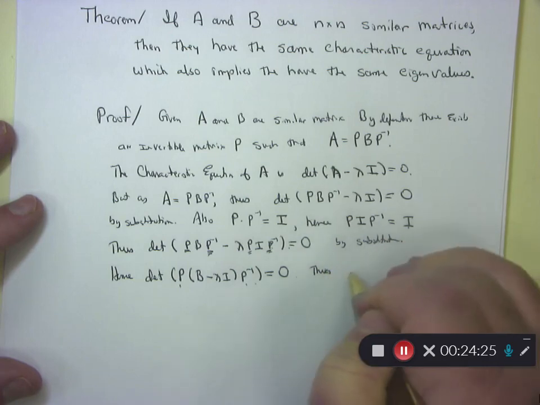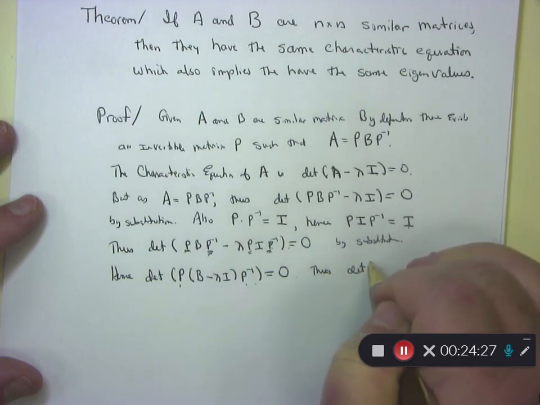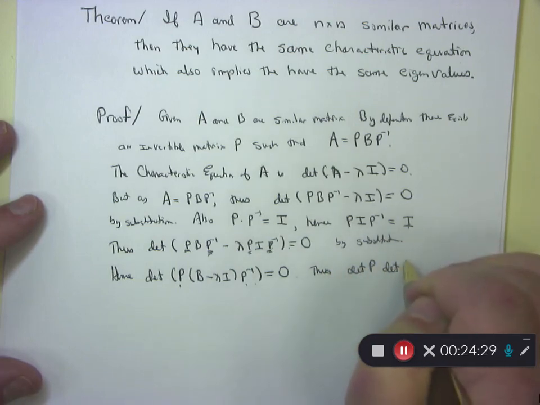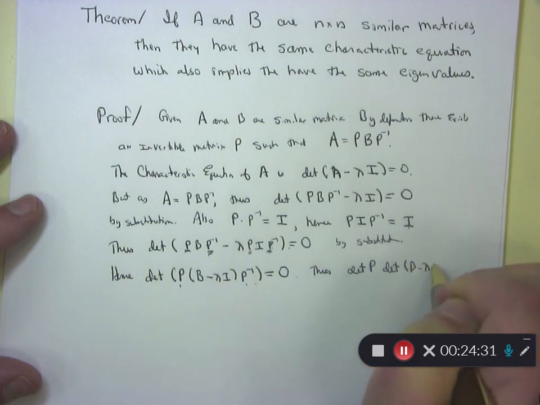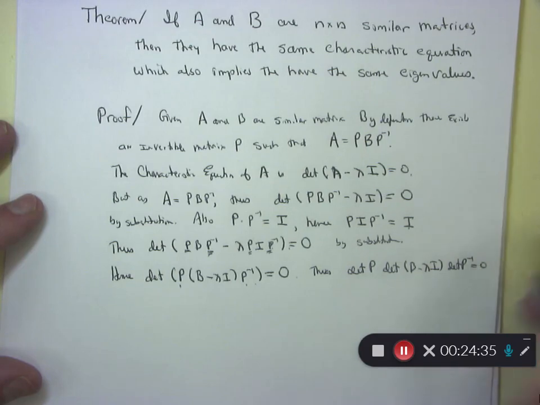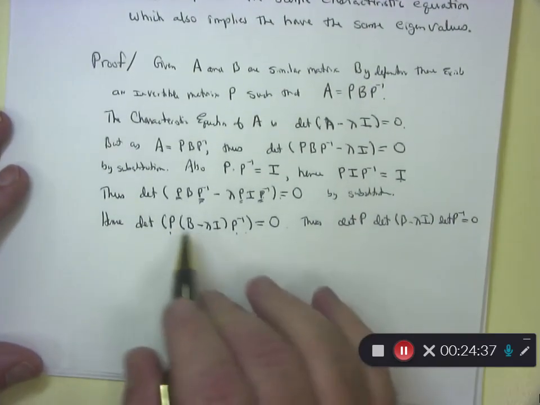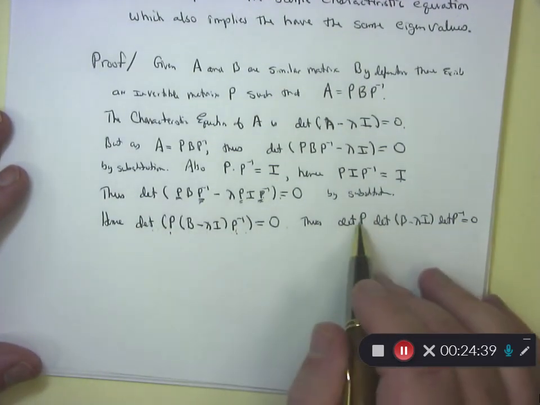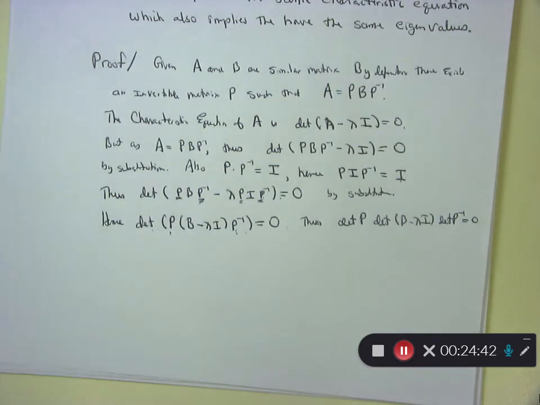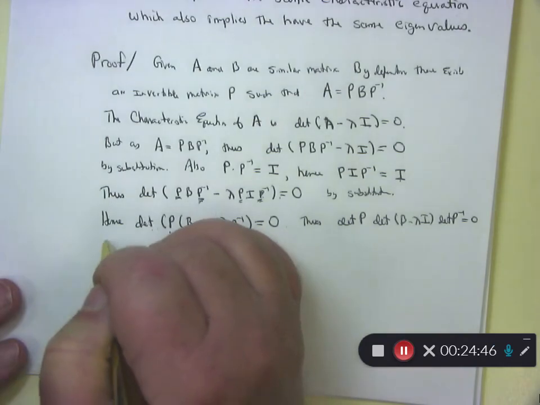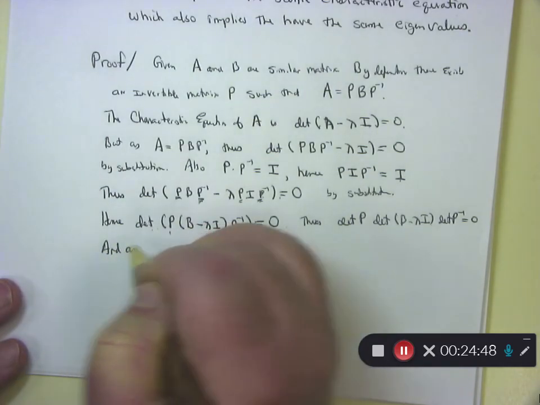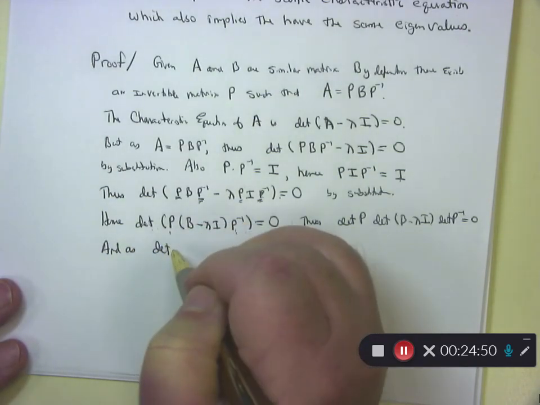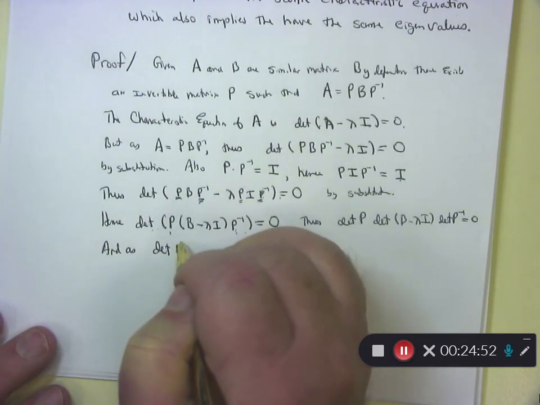Thus, the determinant of P times the determinant of B minus lambda I times the determinant of P inverse is equal to 0, because the determinant of a product is the product of the determinants. And what is the determinant of P inverse equal to?